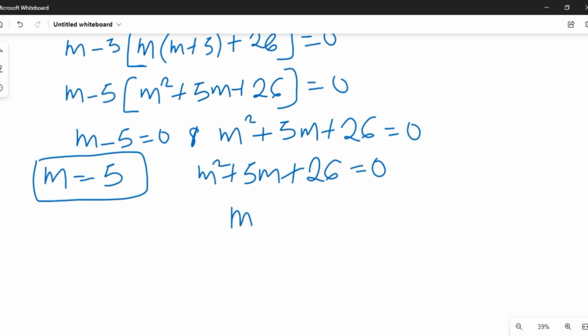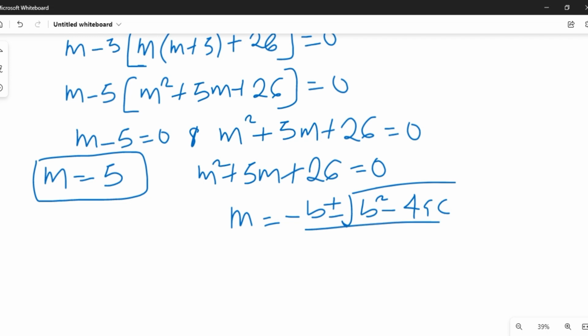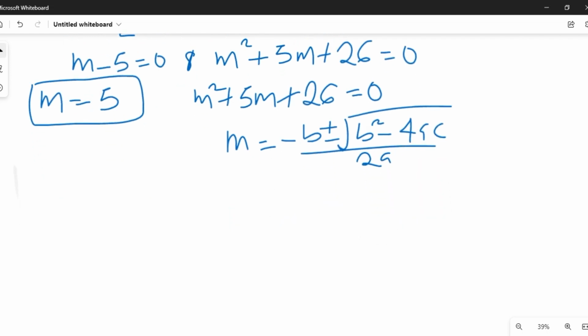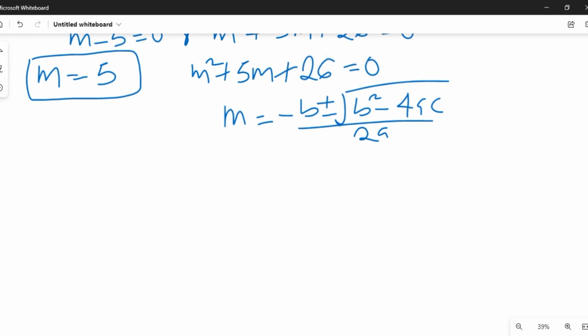Our m will now be equal to minus b plus or minus, using the quadratic formula, square root of b squared minus 4ac all over 2a. And in this aspect, our a is equal to 1, our b is equal to 5, and our c is equal to 26.